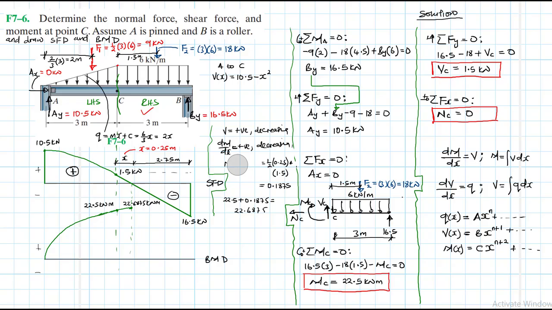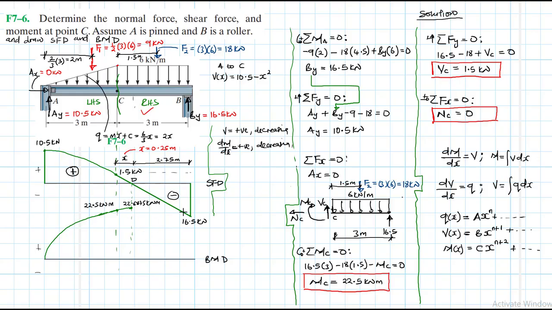All right, then finally, I'll leave the rest because it applies. Finally, from the zero shear point, what will I call this point? Let me call this point here point D, where we have zero shear.